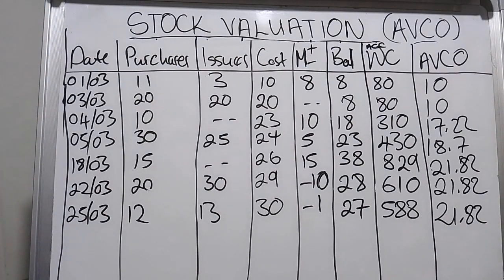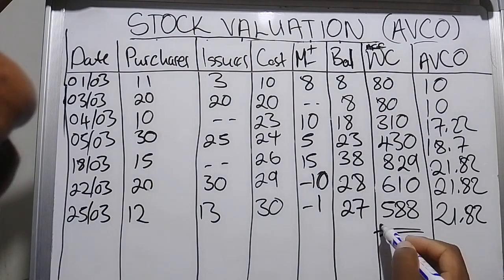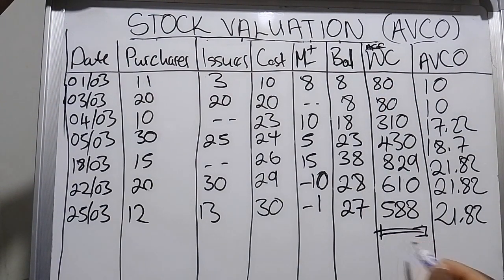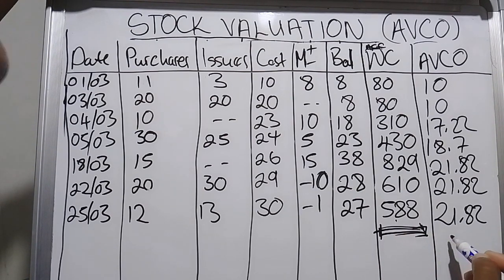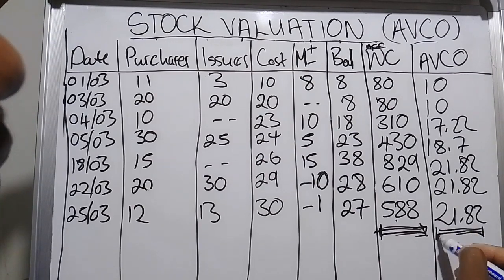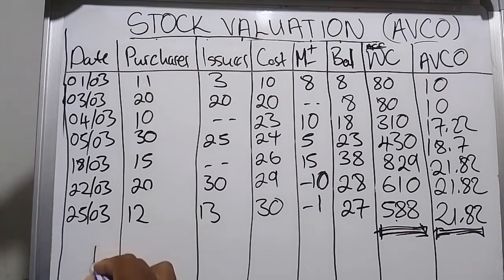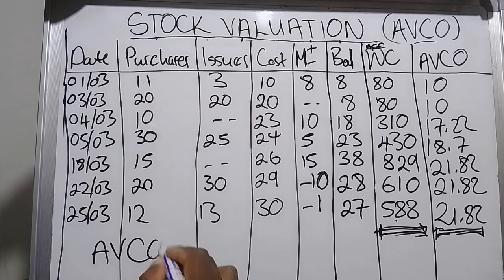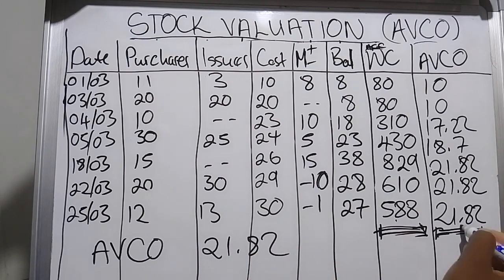Okay, then the accumulated or weighted cost will resemble our total cost of stock. Then the average cost resembles the total cost per unit. So the average cost per unit, Avco per unit, will be 21.82, which is this one.